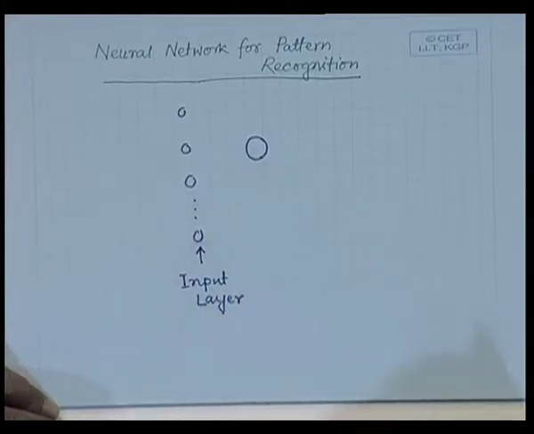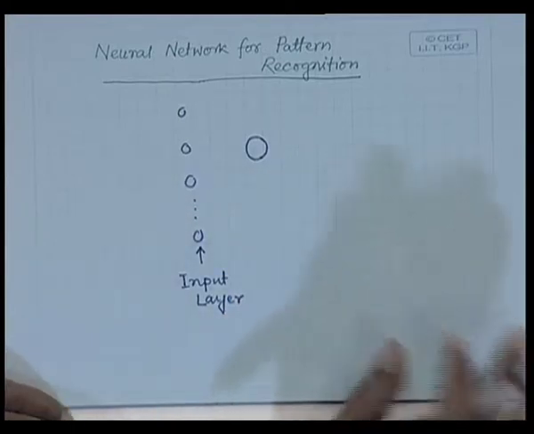The number of nodes in the input layer is the same as the dimensionality of the feature vectors plus 1, which is used to take care of the bias weight, okay. And the number of nodes in the output layer in this case will be only 1, which will indicate either one of the two classes, okay.